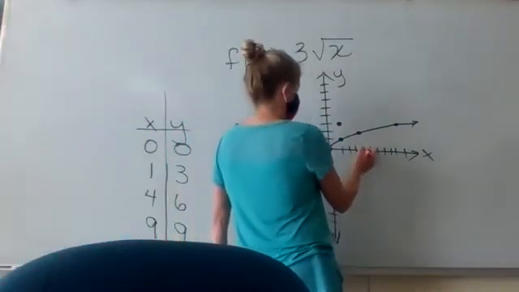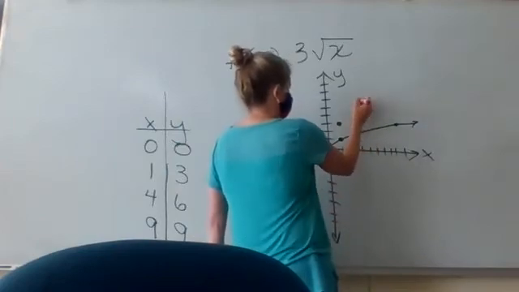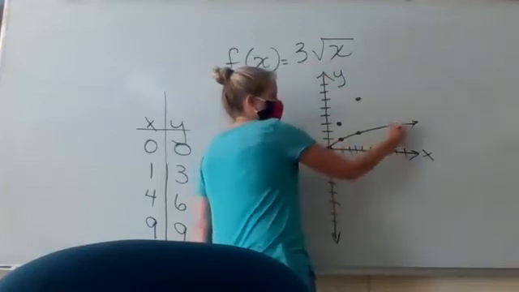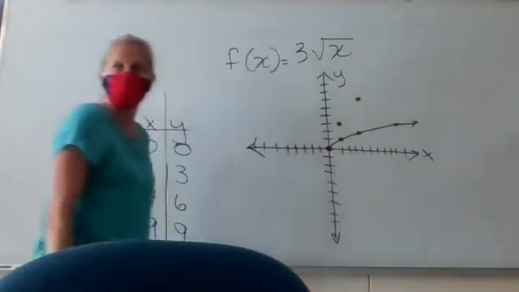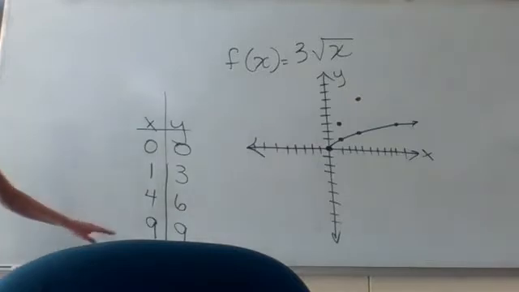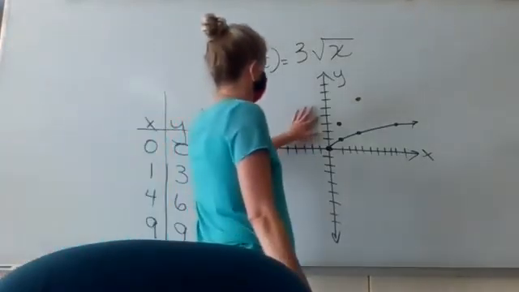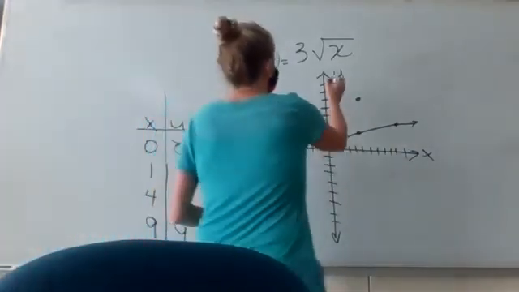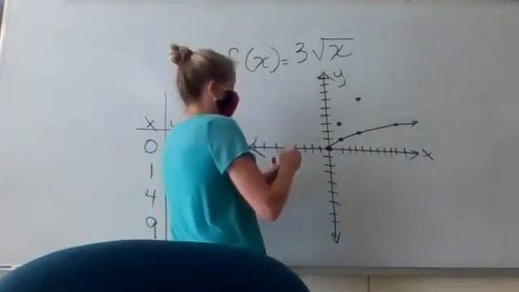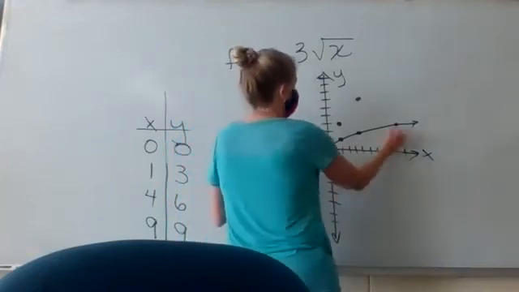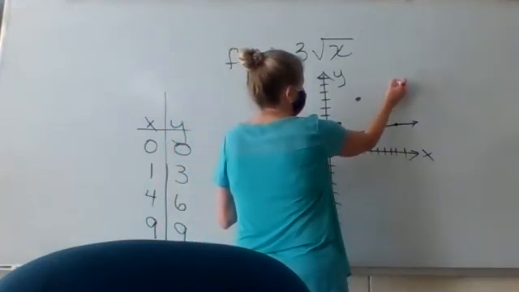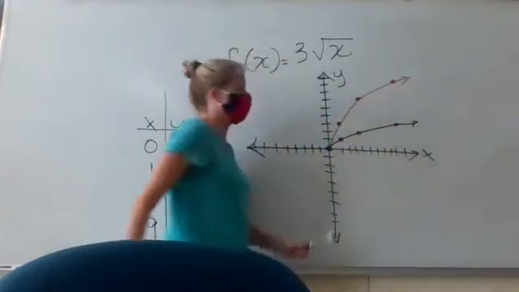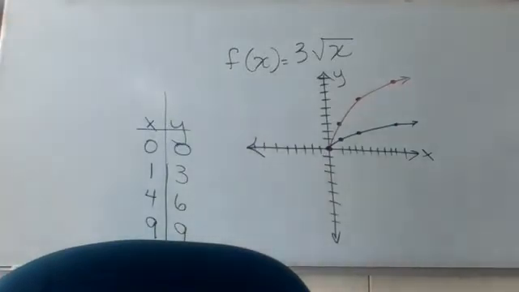So to the right 4, up 1, 2, 3, 4, 5, 6. So you see what's happening here? That 3 made that square root graph be steeper. And my last point is at 9, 9. So I will go to the right 9 and then up 9. So that's what 3 square root of x would look like.